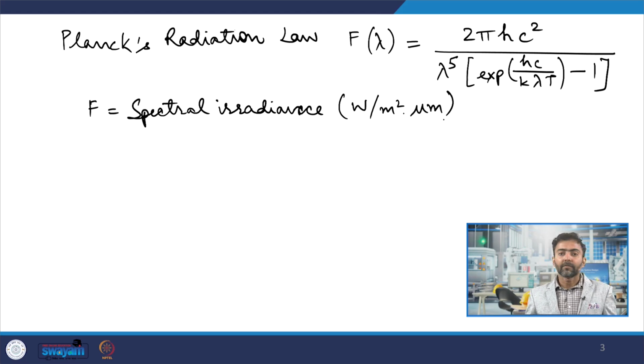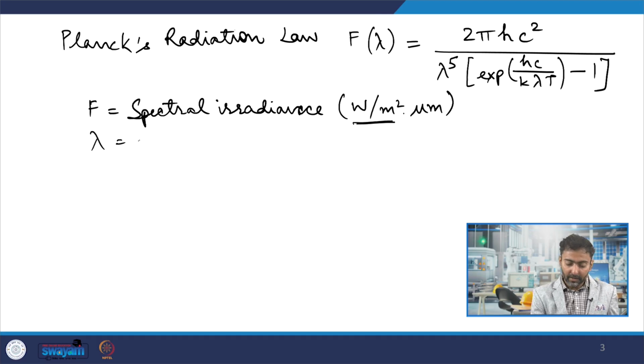As we understand, when we talk about irradiance, it is basically a power density, so how much power is being emitted by a unit area. Watt per meter square is the irradiance, but here we are linking it with the wavelength. So at a given wavelength, what is the intensity of emitted radiation? That is why it is watt per meter square per micrometer. So that is the spectral irradiance.